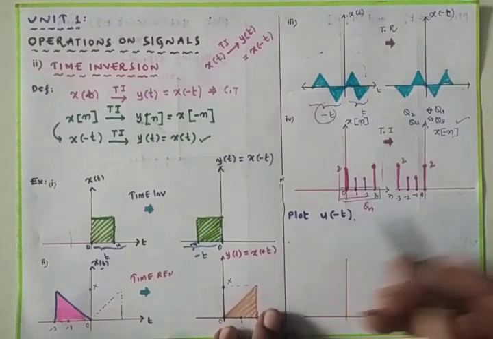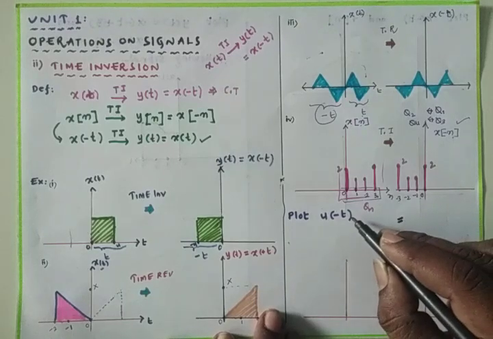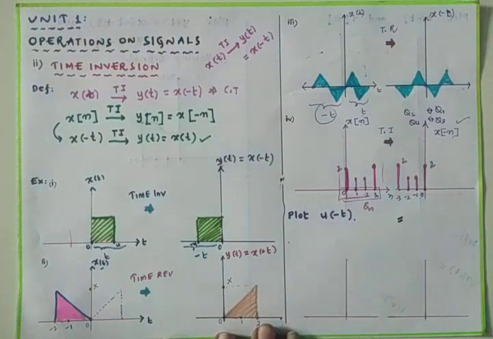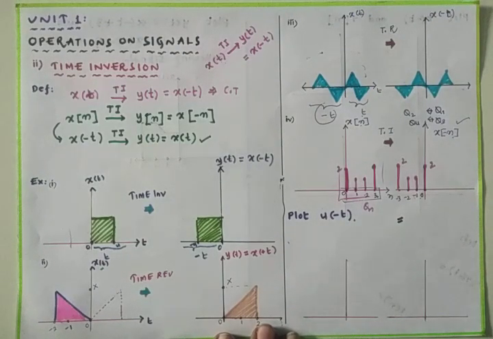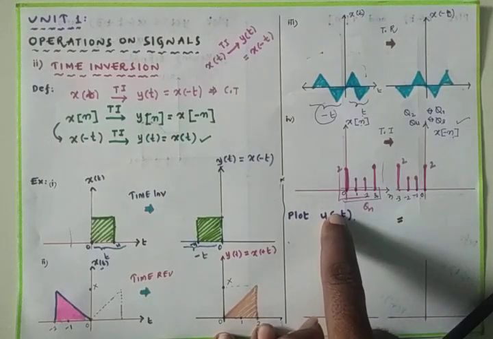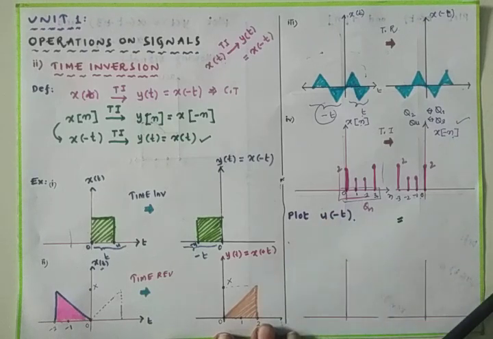By seeing this, we need to understand that u is nothing but a unit step signal, and t is the independent variable, a continuous time. So far we know u of t only. U of t is a continuous time signal, but here it is mentioned u of minus t. That means after knowing the unit step signal, we need to apply the reversal operation.